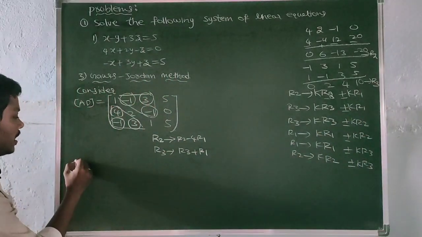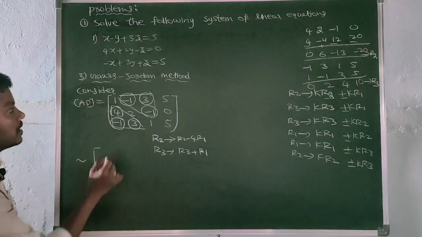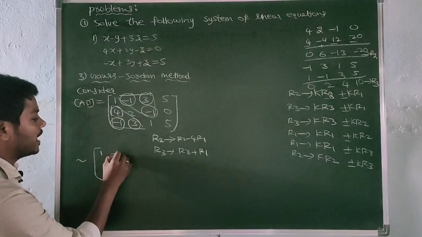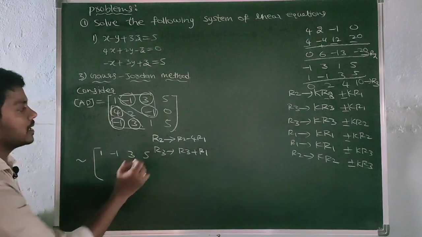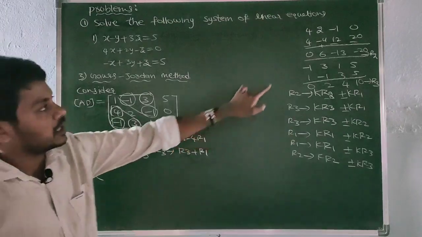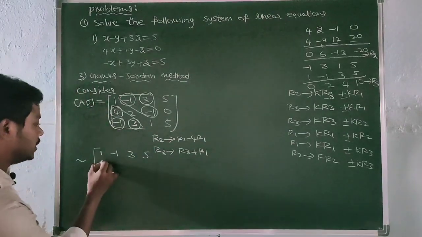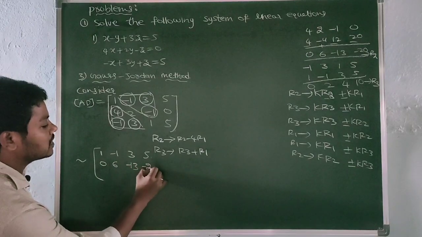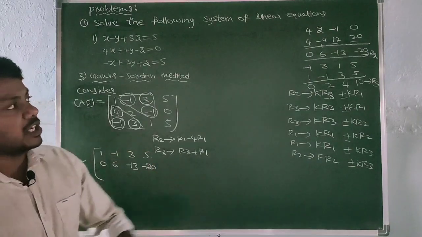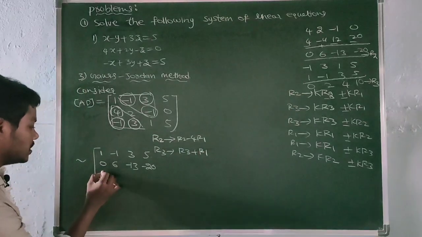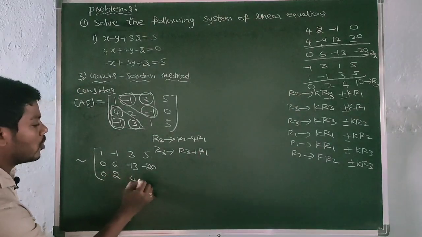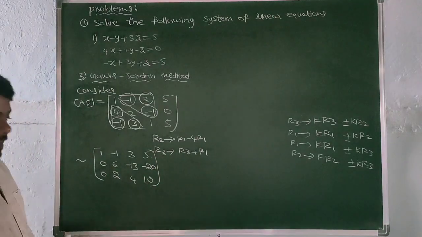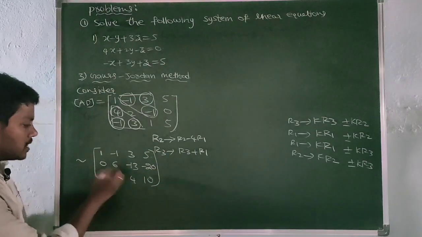Now this can be written as, see here, what is the R1 row? 1, minus 1, 3, 5. What is the R2 row? 0, 6, minus 13, minus 20. Next the R3 row: 0, 2, 4, 10. Okay, next we have to make this 2 as 0.